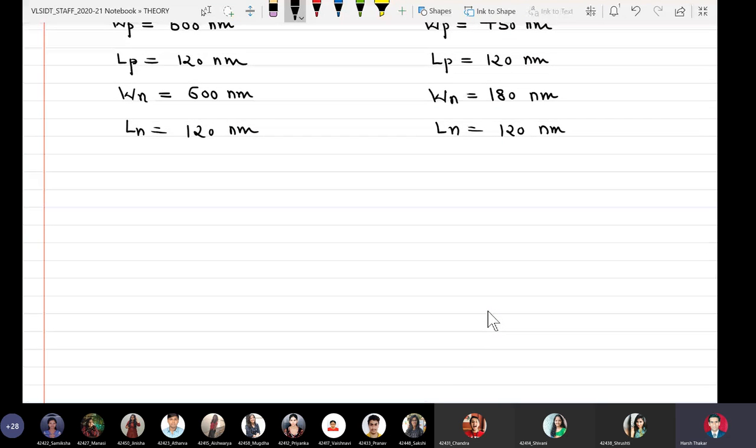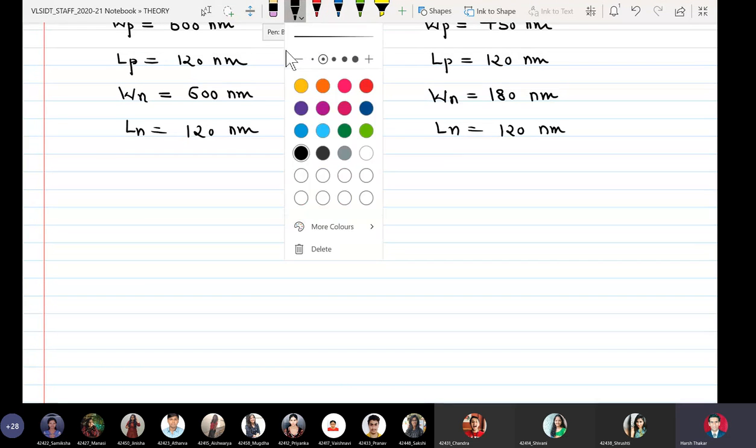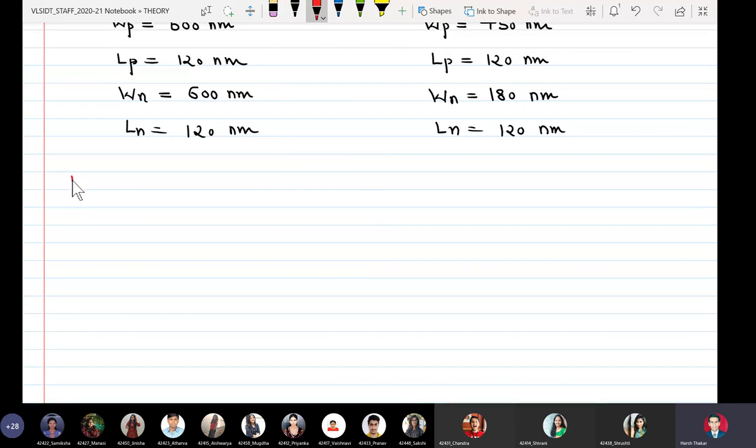So you can write down here: 4 picoseconds, 2 picoseconds, 3 picoseconds, 3 picoseconds.